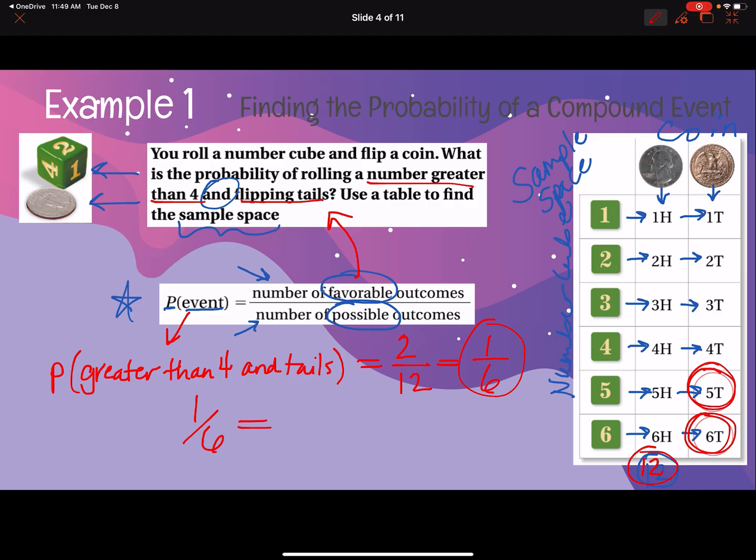Whatever your options are, if we converted 1/6 to a decimal and then wrote that as a percent, we would have 16 2/3%. You're going to see a repeating decimal, but if you want to convert that over to a fraction, 2/3, and then write it as a percent. That would be the probability of rolling a number greater than 4 and flipping a tail.